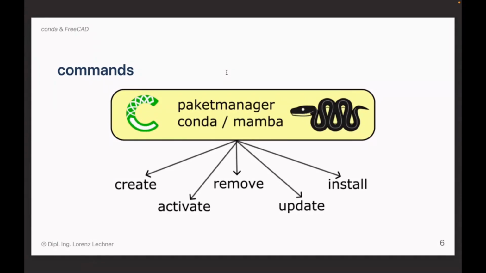You can also remove environments. So you can remove environments, install packages after you have created an environment into this environment. You can update packages inside an environment, and you can activate or deactivate environments.